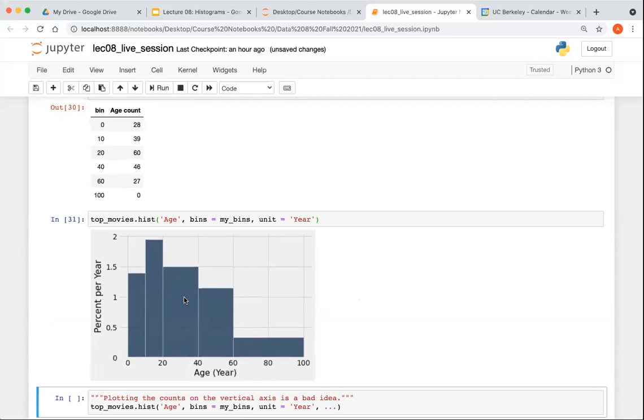What I would like you to do is compare the first bar, that is the 0 to 10 bar, and the last bar, that is the 60 to 100 bar. They are very different widths, okay? But the number of movies is almost exactly the same: 28 in the first one, 27 in the last one. So therefore, the percents are almost exactly the same.